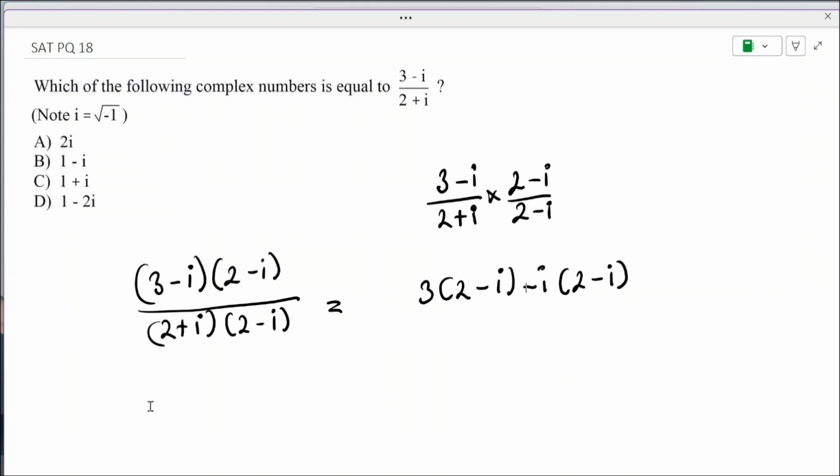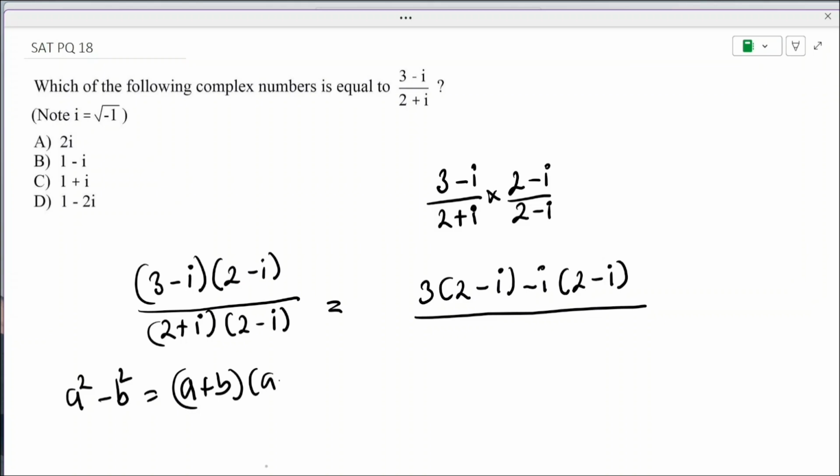Then over. For the denominator, if you're very good with difference of two squares, you know the base is a difference of two squares. That is, a squared minus b squared is the same thing as (a plus b) in brackets, then (a minus b) in the second bracket.